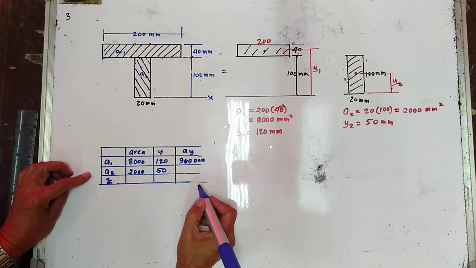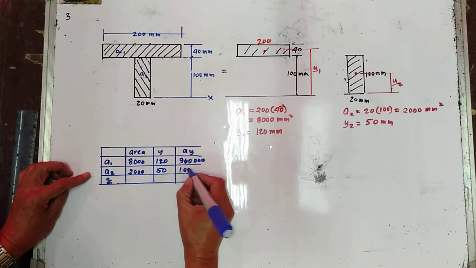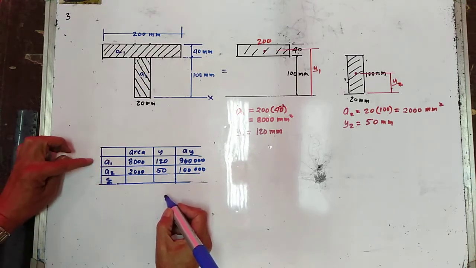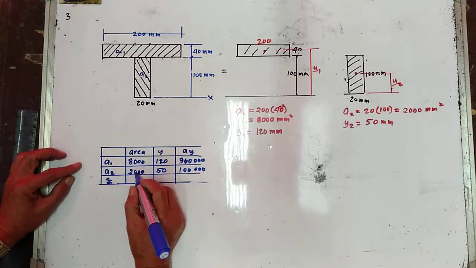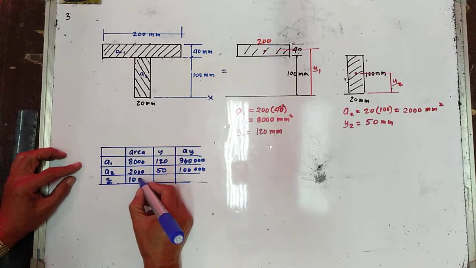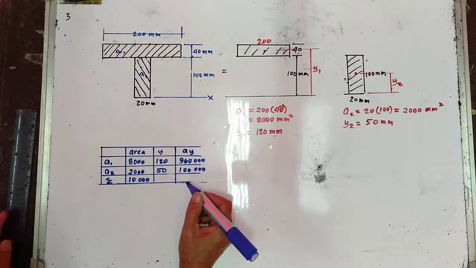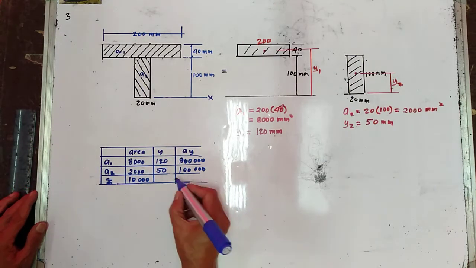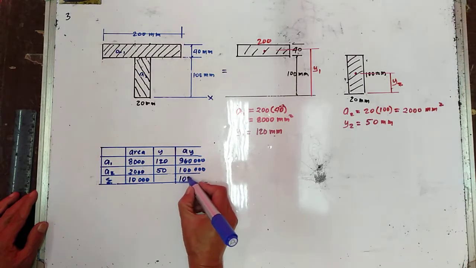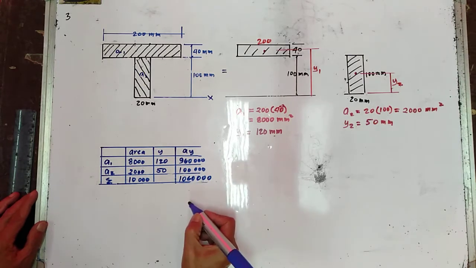And 2,000 by 50 is 100,000. Summation of A, which is now your capital A or the total area, is equal to 10,000 square millimeter. Summation AY is equal to 1,060,000.